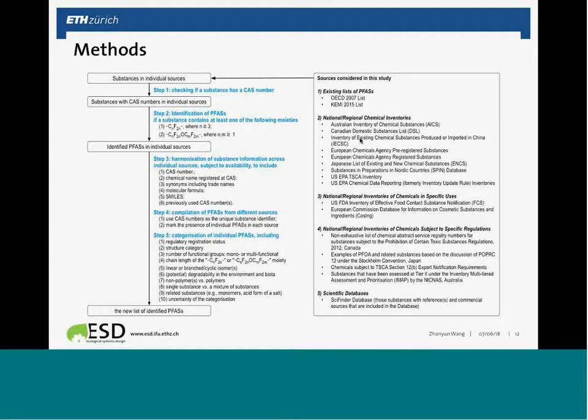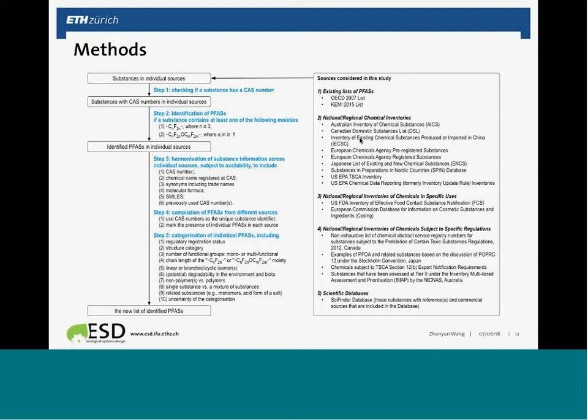The third category is the national and regional inventories of chemicals in specific uses, for example, in food contact materials or in cosmetics in the EU. And then we also looked at the national and regional inventories of chemicals subject to specific regulations. For example, the Japanese government developed a list of examples of PFOA and related substances based on the discussion of the POPs Review Committee and the Stockholm Convention.